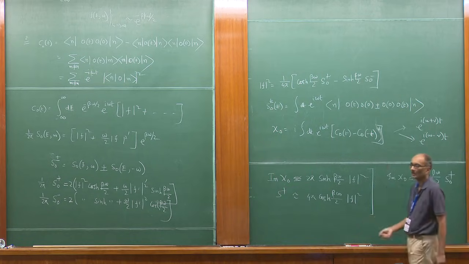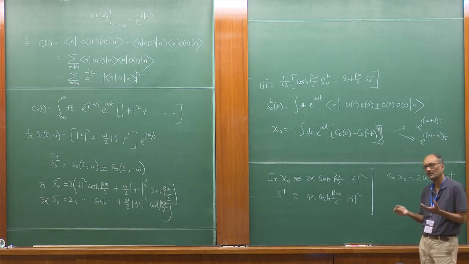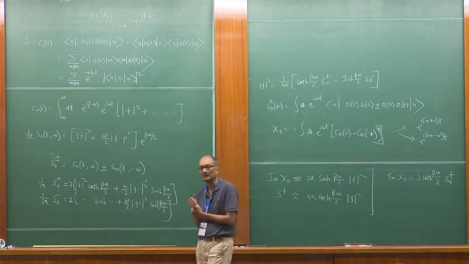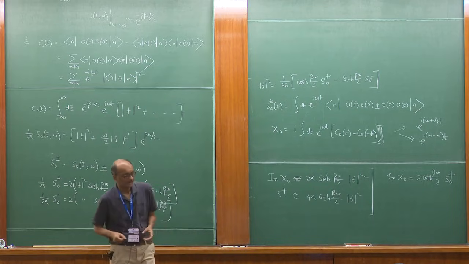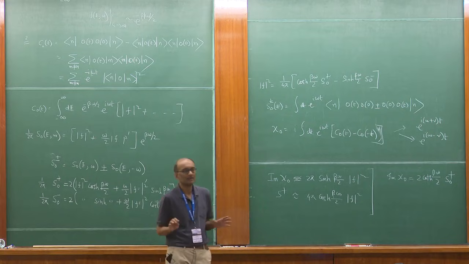And of course, because beta is a function of E, the average energy, if your initial average energy is something, the temperature corresponding to this fluctuation dissipation would be something else. Okay. So, is that okay?